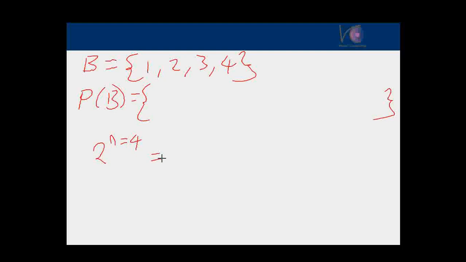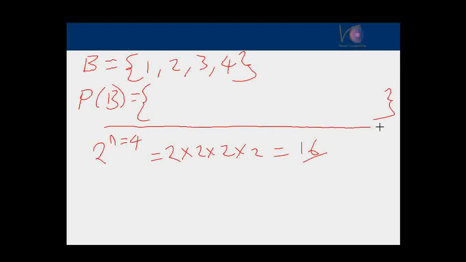So we have 2 times 2 times 2 times 2, which gives us 16. In this power set, we should expect 16 elements, starting with the empty set, which is a subset of every set. Then we can have the set itself, since a set is a subset of itself.